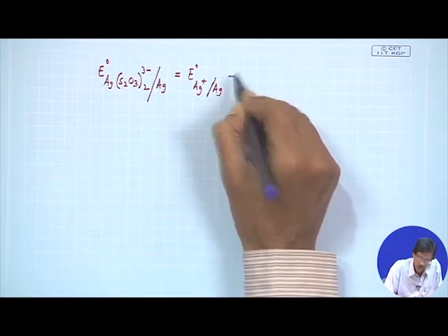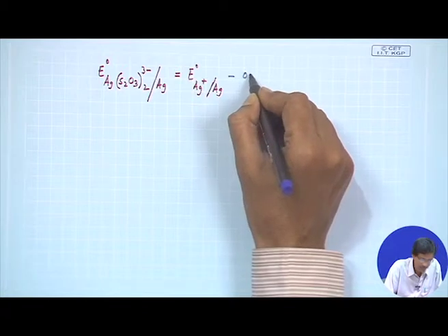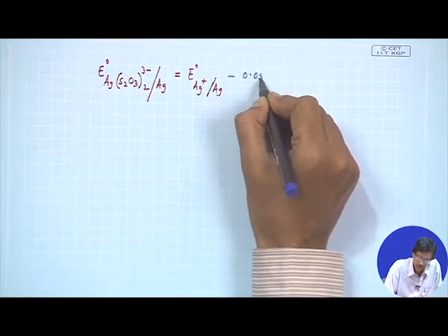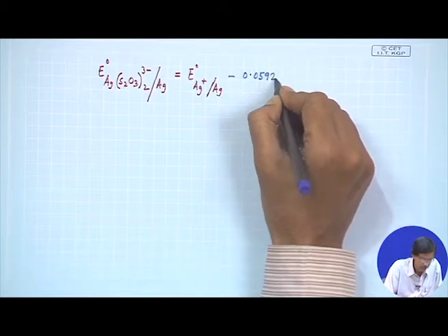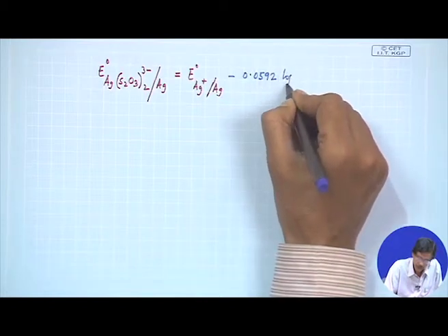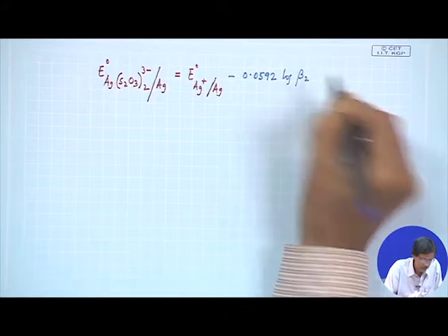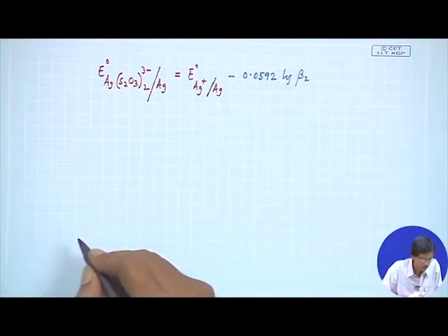And like the chloride case, we directly write now 0.0592 and log of your beta 2, the formation constant value.